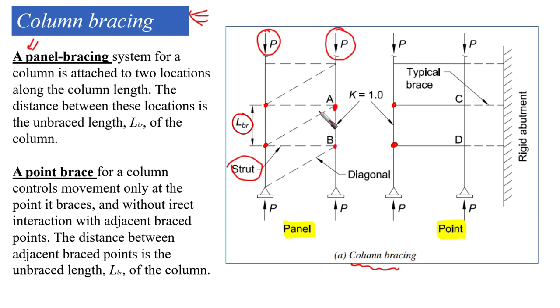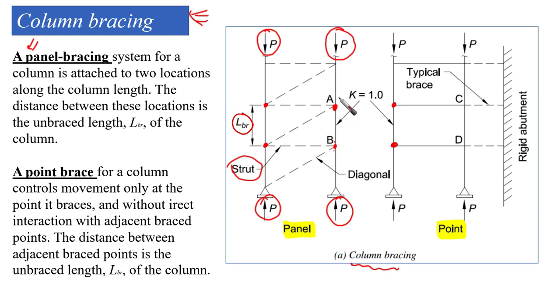So this means that if we have a column under compression force and we provide struts and diagonals, as you can see here, then the length between A and B is going to be braced.